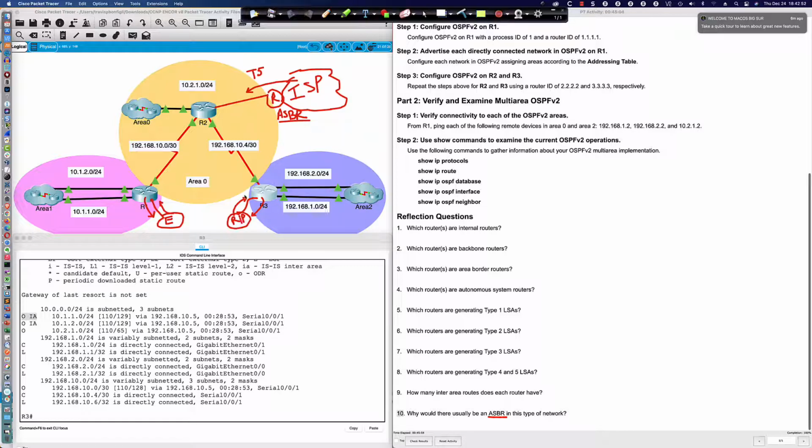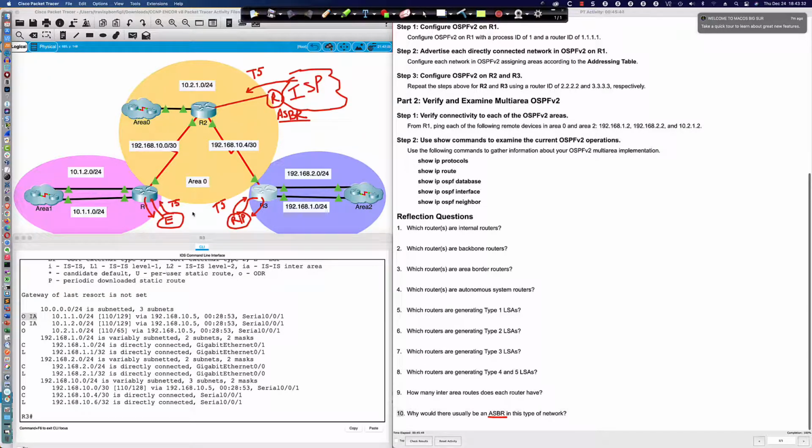This would be, the RIP information would be external. In both cases, we are dealing with type 5 LSAs, and these ABRs right here are now both ABRs and ASBRs, because not only do they have one interface into area 0 and at least one interface into another non-area 0 area, they have an interface to an external source of routing information that we are using to redistribute into OSPF.